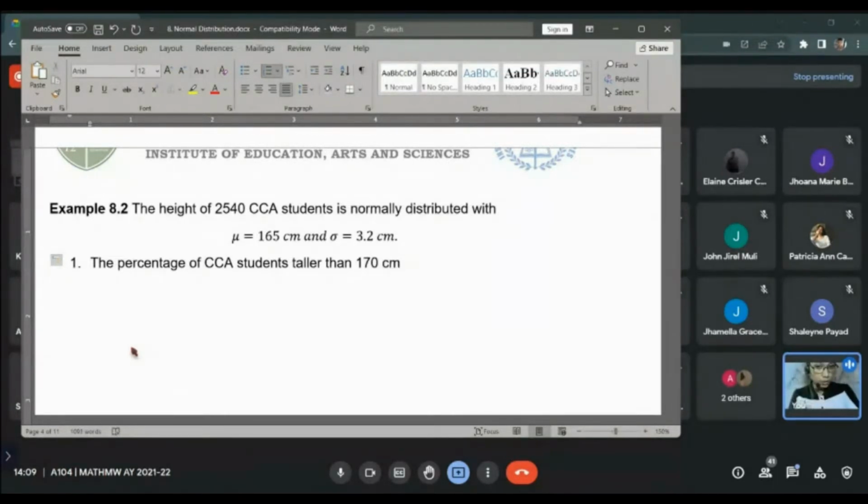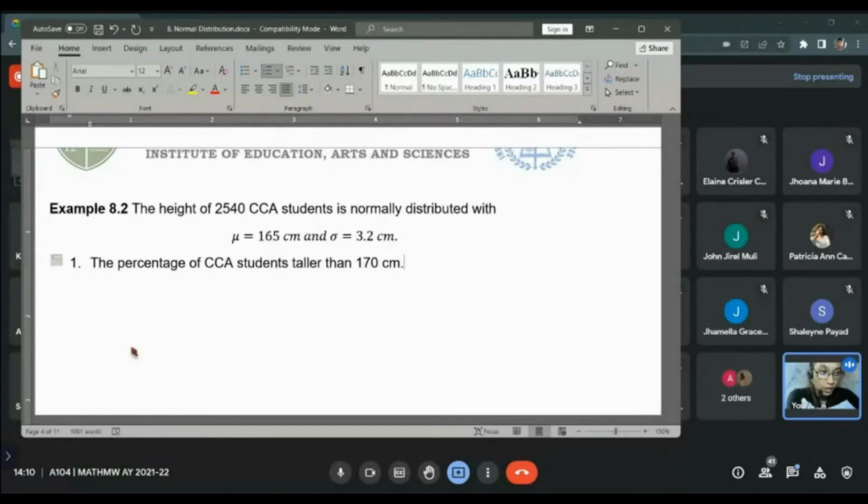But I cannot use the same z-score as a while ago, since again, we have a different value of our standard deviation. So we will recompute the z-score of 170. I want you to find the percentage of CSA students taller than 170 centimeters.